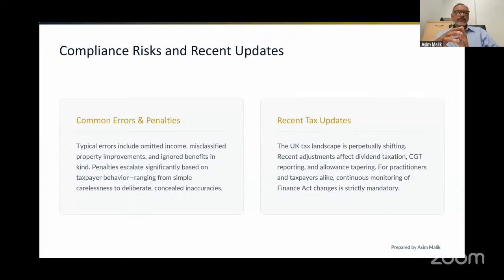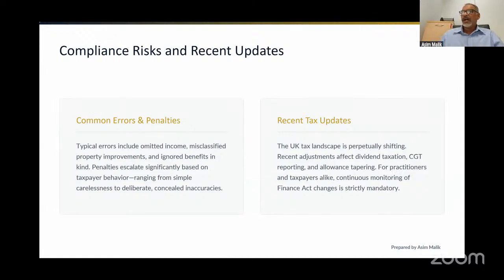A common example is child benefit. A person is subject to the child benefit charge and it has not been disclosed, so HMRC gets that information from the Department for Work and Pensions.